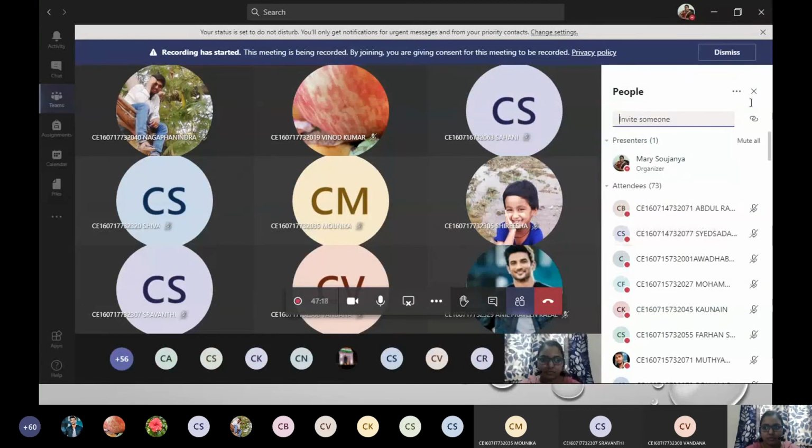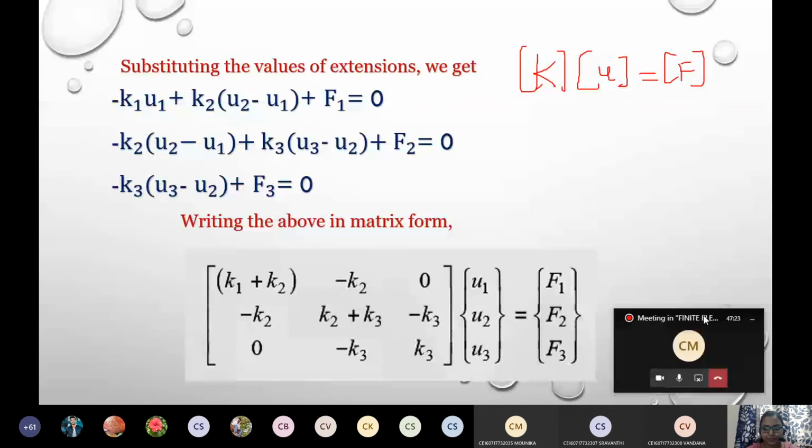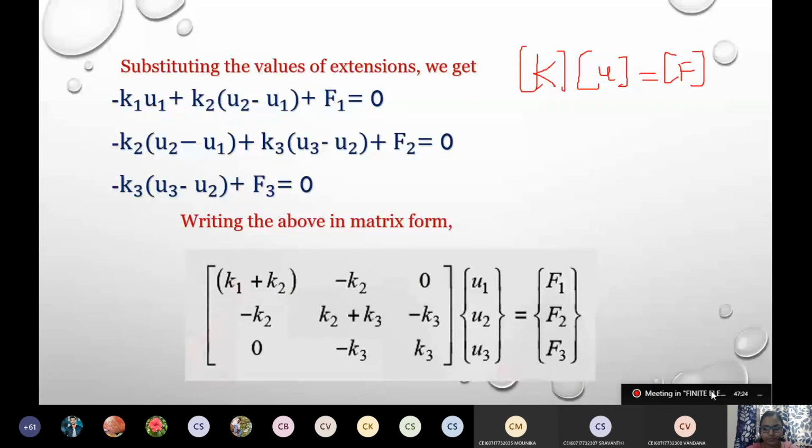Completed, ma'am. Okay, thank you. Any more? Right, but you have the equations with you. You just have to reassemble and make sure you get this final equation.